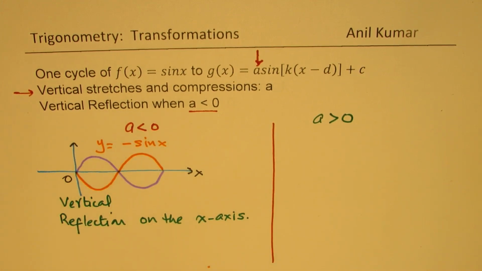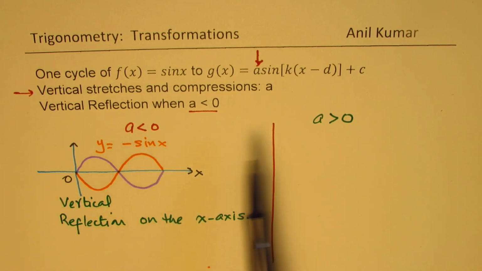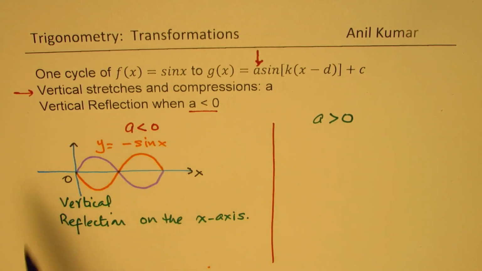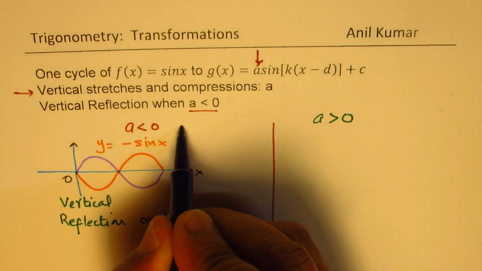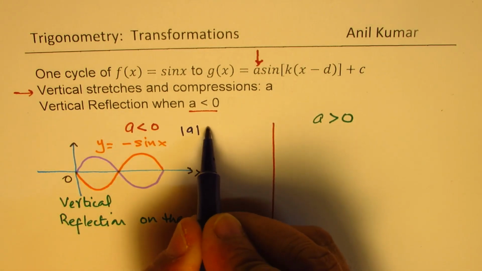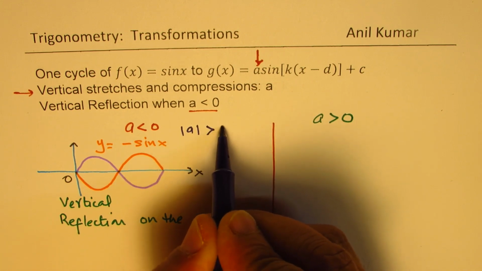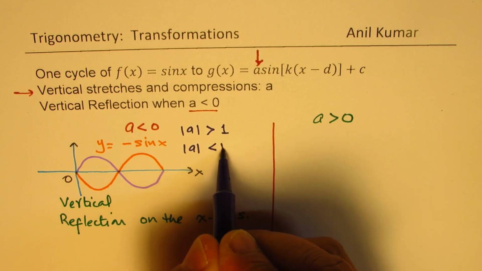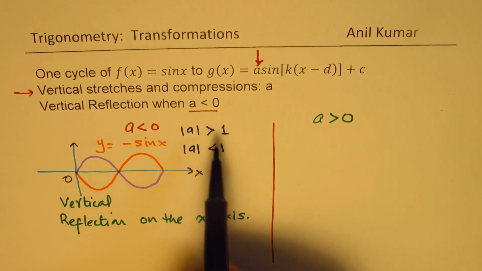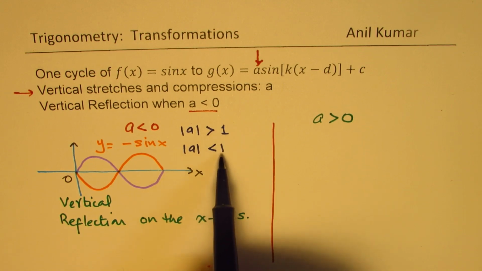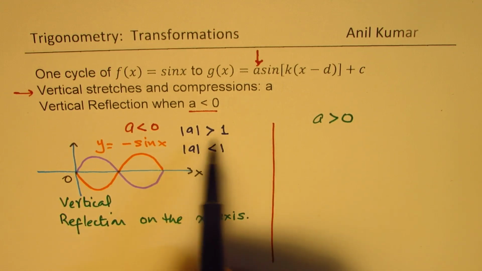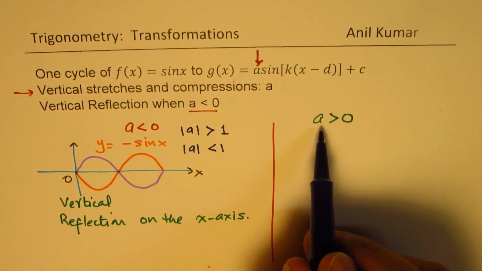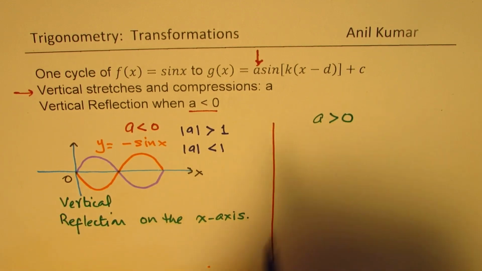As shown here. Now, whether it is less than 0 or greater than 0 will have two conditions, and that is, we'll have absolute value of a which could be greater than 1, or we could have absolute value of a less than 1, right? That will result into stretch, and this will result into compression. We'll see both with reference to this side, a greater than 0, right?